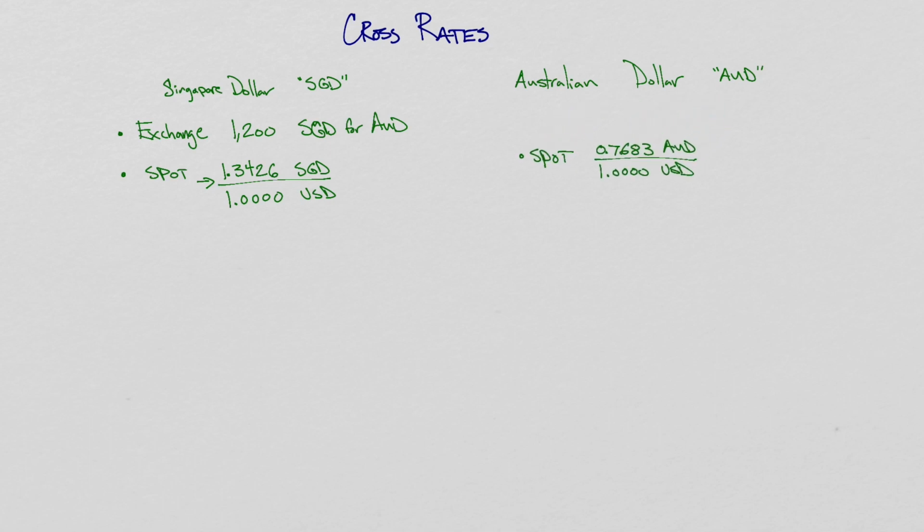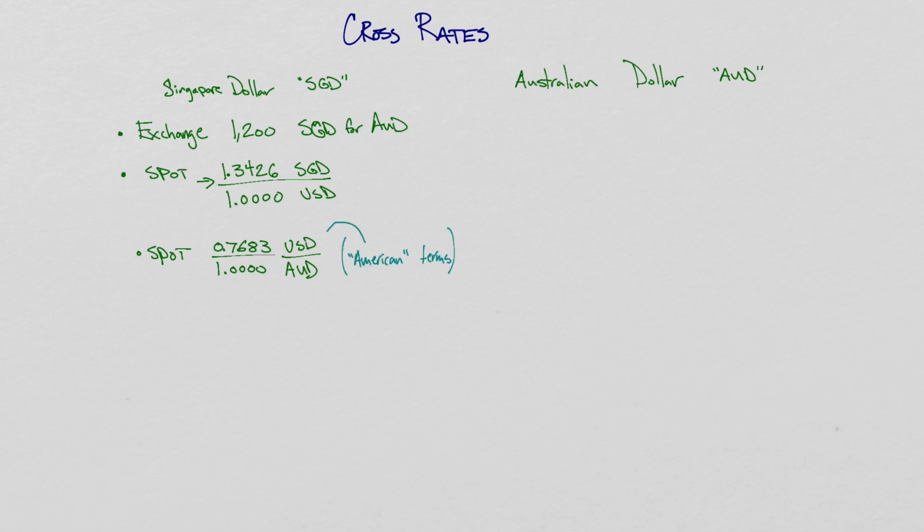And note also that by convention, some foreign exchange pairs have USD on top. Here, this is actually 76 cents per one Australian dollar. And others have the foreign currency on top and the USD on the bottom. We call these American terms and European terms, respectively.